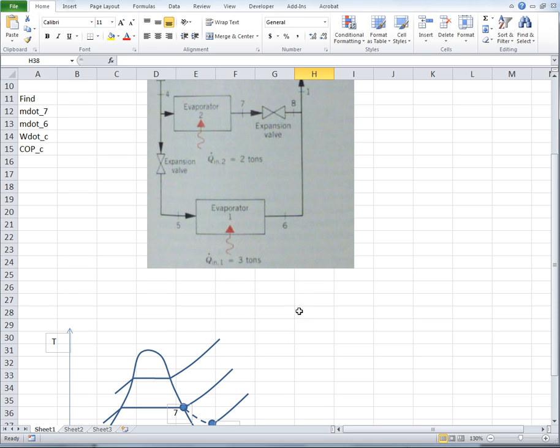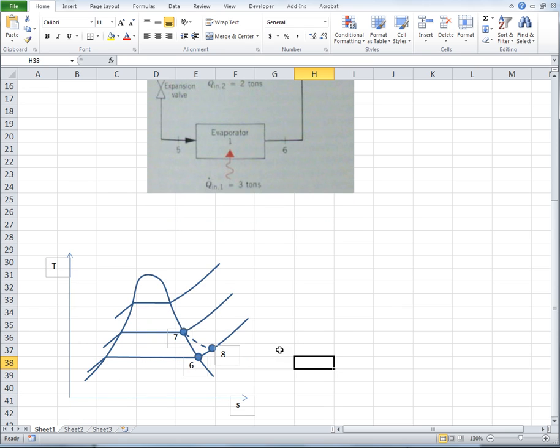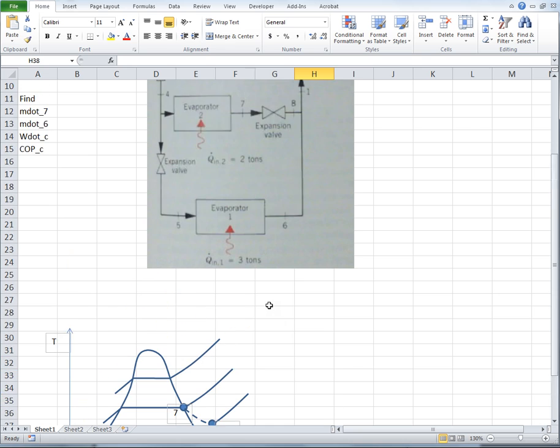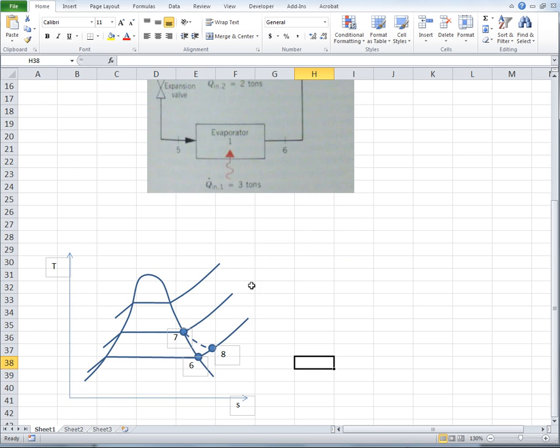It's constant enthalpy. Now, I guess I probably need a little bit more room here, so maybe I should have changed it up. But here's my point. 6 and 8 are going to mix together, and then that's going to give me state 1. So where's state 1 relative to 6 and 8? Well, when I mix this at the same pressure with this at the same pressure, I'm going to get something that's in between here.